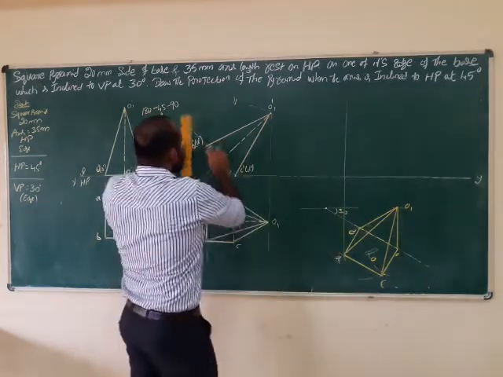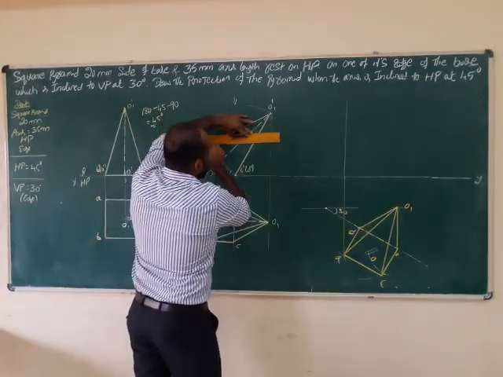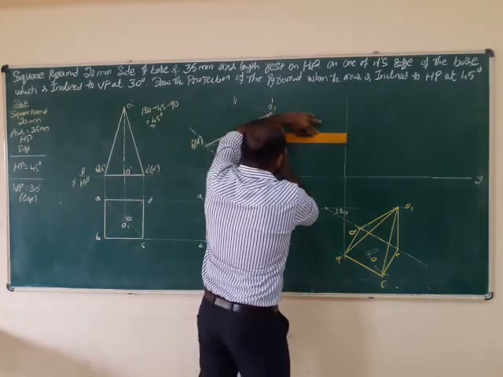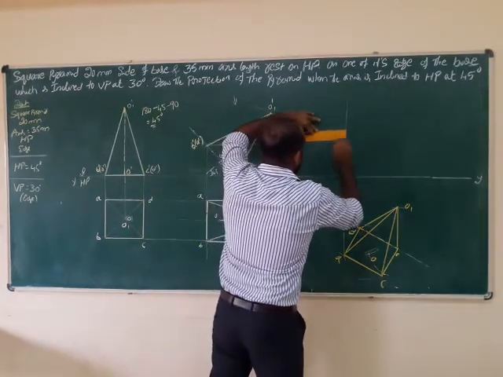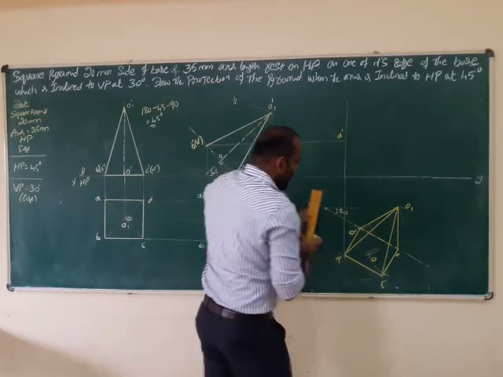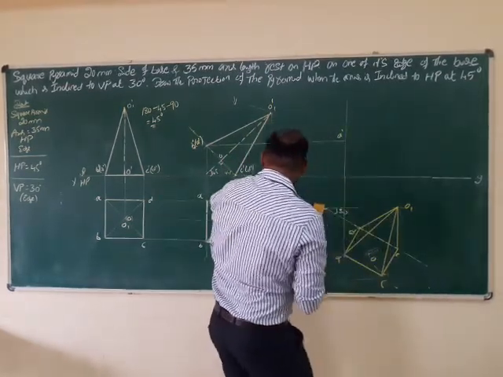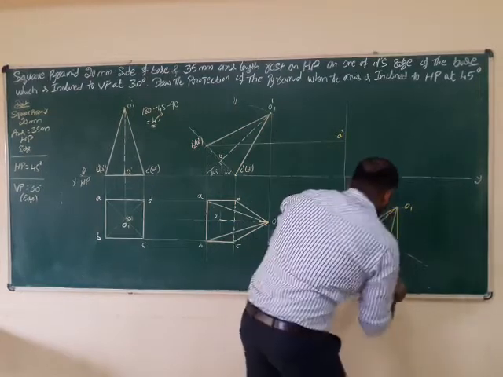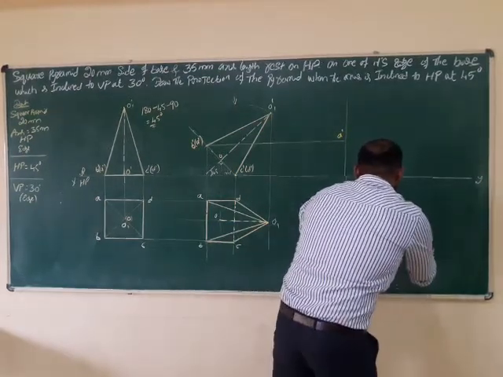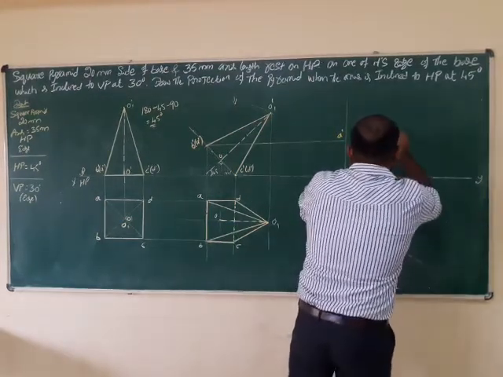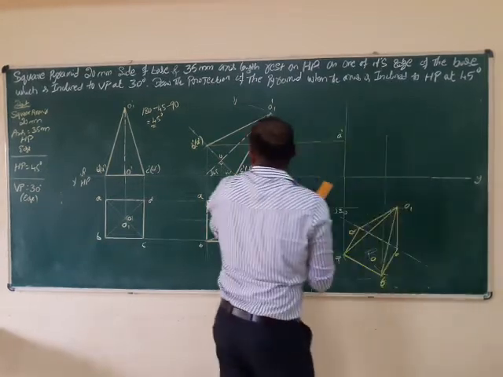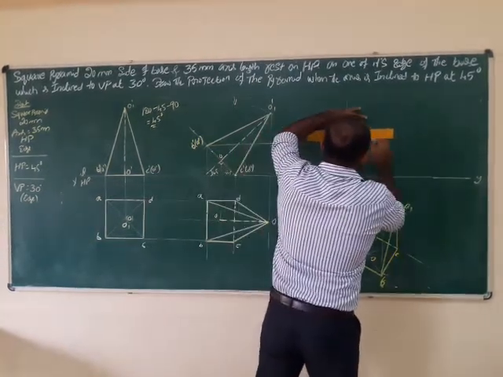Next, finally, we'll be drawing the front view, so you have to project from A. Here is the A point. Draw a horizontal line until it touches the A point. A dash. Same for B: project the B point.